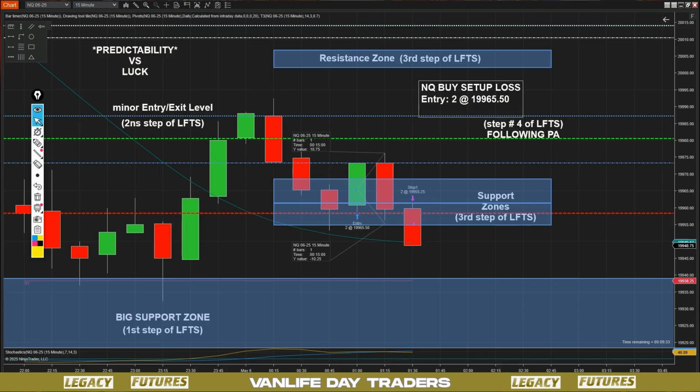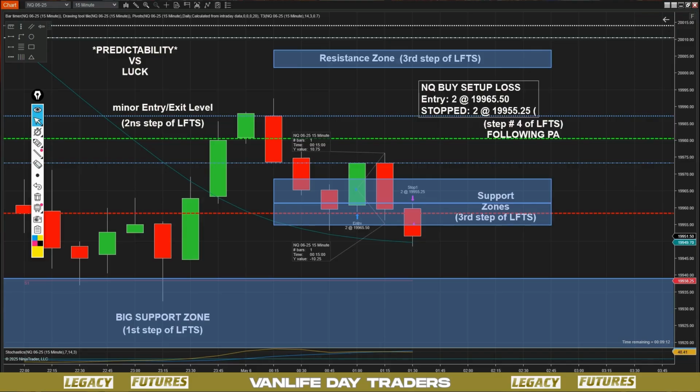We have stopped, 2 contracts at 19,955.25, which is a 10 and 1/4 point loss.